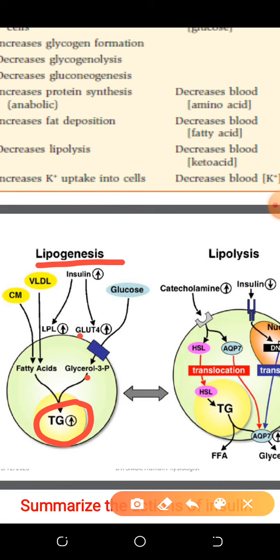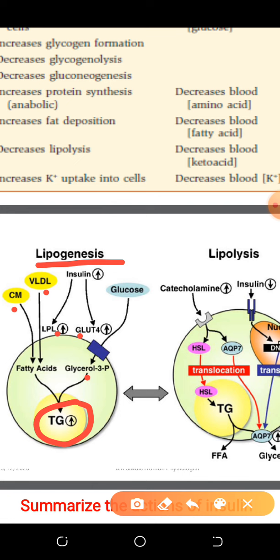Some of these enzymes that insulin activates are things like lipoprotein lipase, located on the cell surface of the vascular endothelium. Once this lipoprotein lipase is activated, it helps absorption of chylomicrons and very low density lipoproteins.